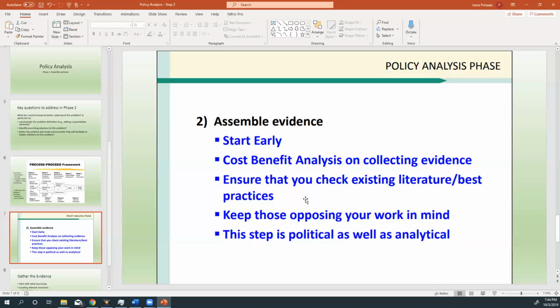The other thing is, and this goes back to what I was just saying about the social and cultural environment. Whenever you think, oh, this is a great solution, I really like this, keep in mind who is going to say, I don't want to do that, right? And why are they going to say that, right? So be aware, because that's going to make you write better policy. If you are saying, well, this is a solution, be aware who's going to tell you, we're not going to do that.